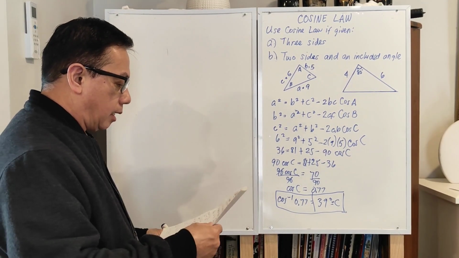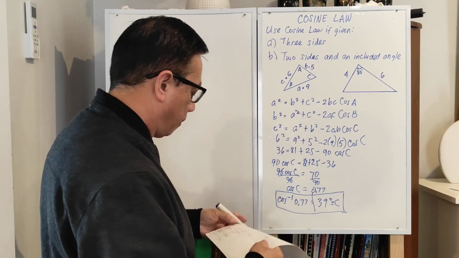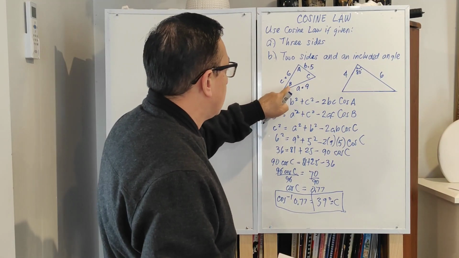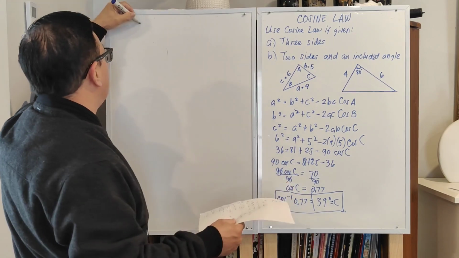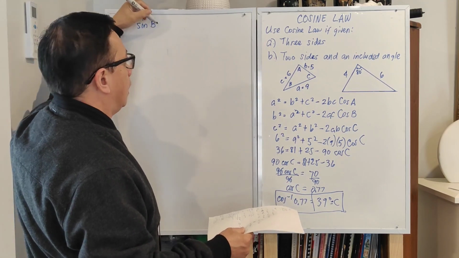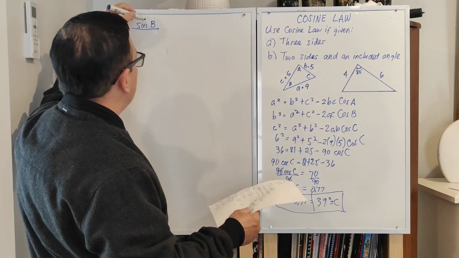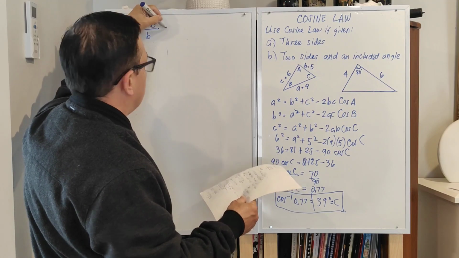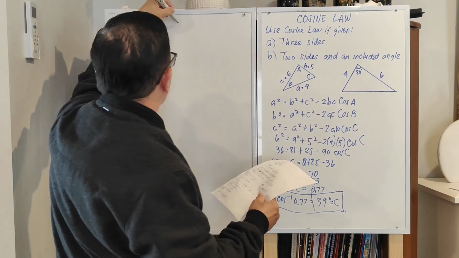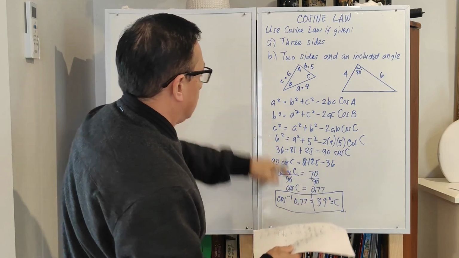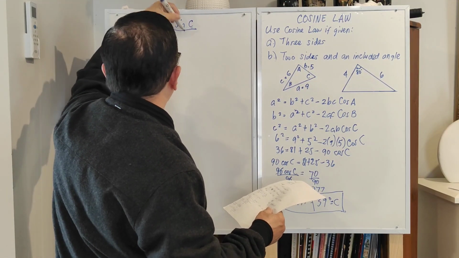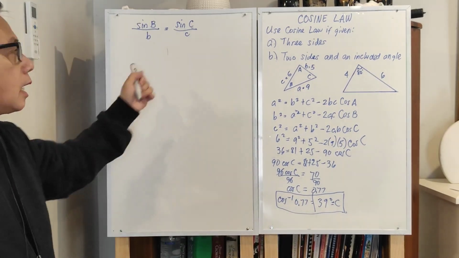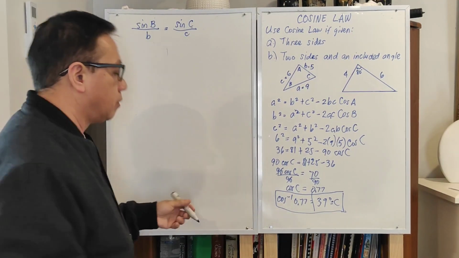So let's use sine law. Let's solve for angle B. So sine B over B is equal to sine C over C. So this is the sine law. So we'll just plug in the values.